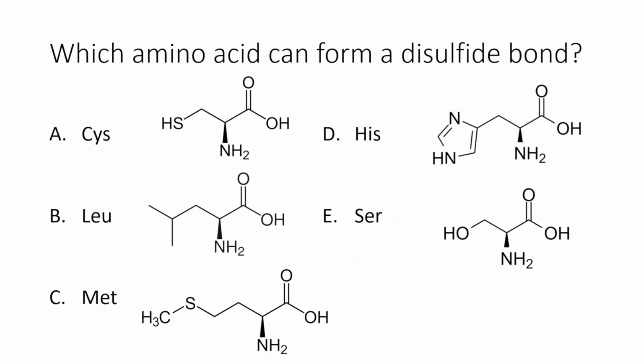Okay, another multiple choice. Which amino acid can form a disulfide bond? Yeah, cysteine. So cysteine has this sulfhydryl group on the end. It can lose a proton. It can stick together with another cysteine.